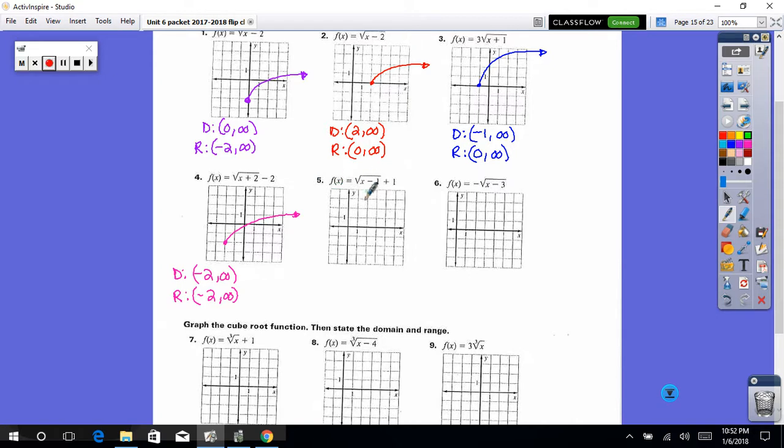Number 6, right 1, up 1. So the domain changed, moved 1 in the positive, so 1 to infinity. And our range also moved up 1.